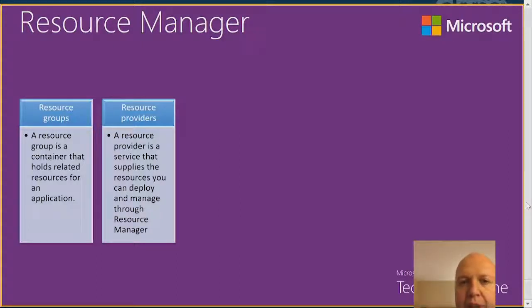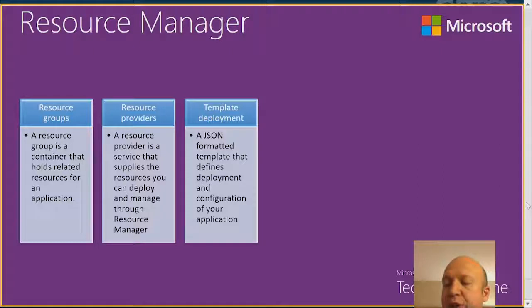So we have essentially the concept of resource groups, and the resource manager allows us to group different artifacts of our application into groups, and those groups consist of the backends of providers. A provider is essentially an instruction target to turn up something like a network interface, a compute node, a website, or a SQL database.